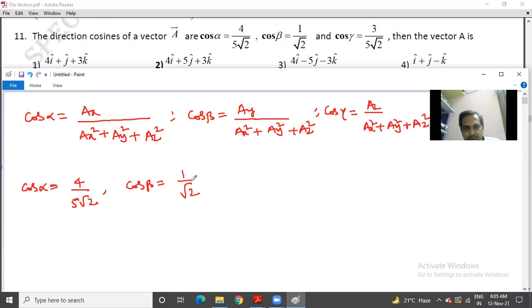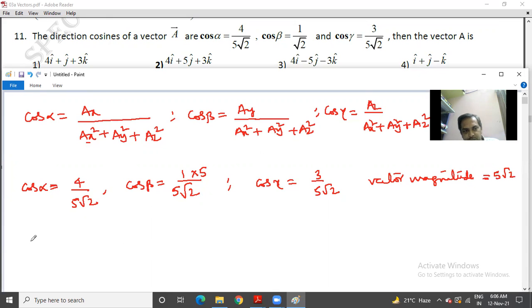For that, you multiply and divide with 5, so that you get the magnitude at the denominator the same. Cos gamma is equal to 3 by 5 root 2. So this is the magnitude of vector A. Its magnitude is 5 root 2.